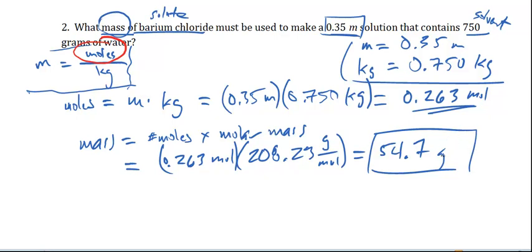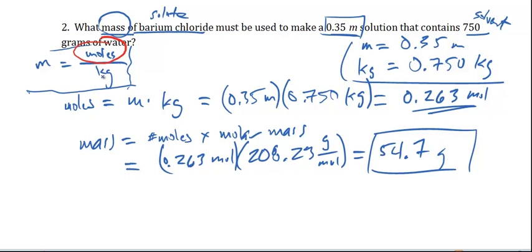Just reviewing the problem: on these kinds of problems, start with the definition. Write the definition of molality down somewhere in your workspace so that you can refer to it. Then, depending on the wording of the problem, you may be solving for molality, the number of moles, the number of grams, or the number of kilograms of solvent.